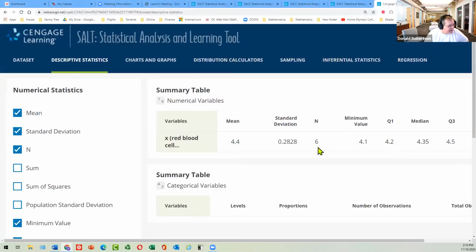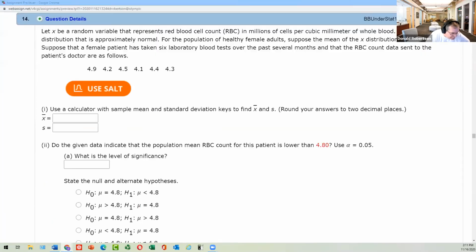Right, the mean is 4.4. The standard deviation is 0.2828. Okay, got it now. So the mean of those 6 numbers is 4.4. The standard deviation of those is 0.2828.